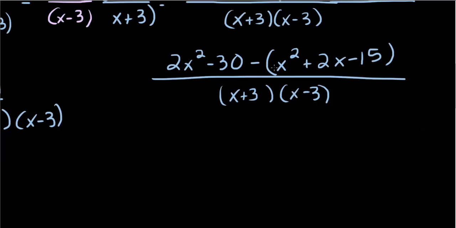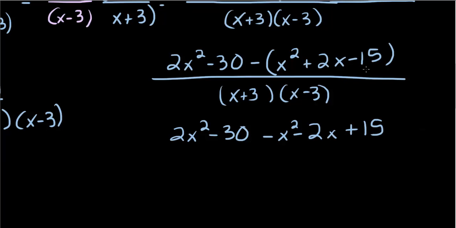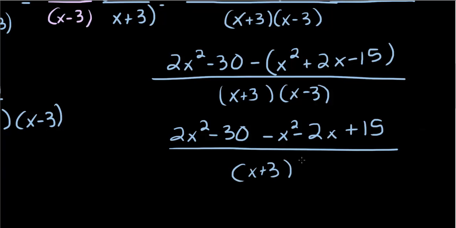So that means that every single term inside of the parentheses is going to change the sign. So I will have 2x squared minus 30 minus x squared minus 2x plus 15. Why? Because negative times negative is positive. Over x plus 3 times x minus 3.